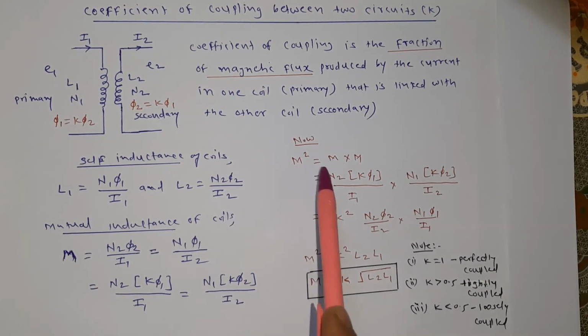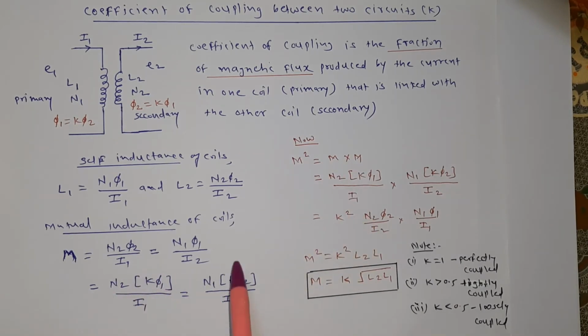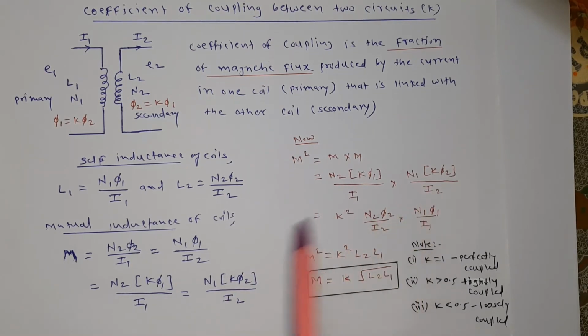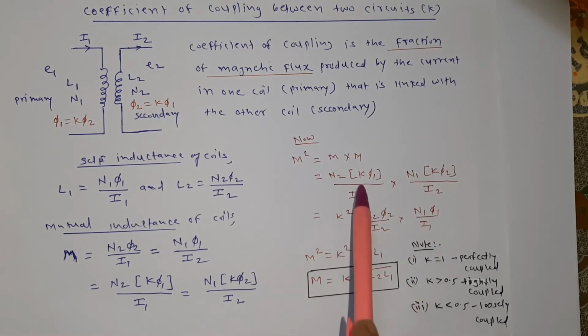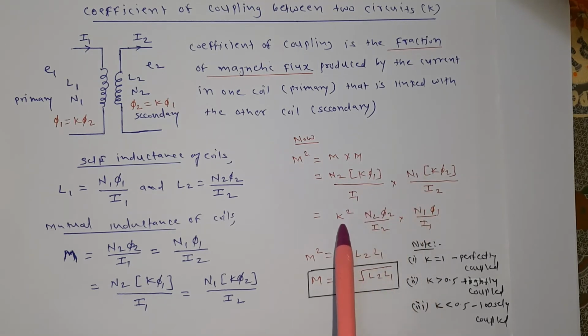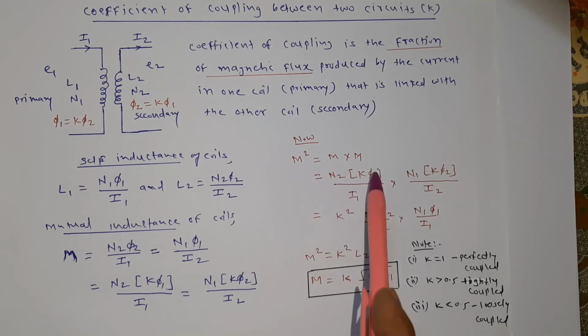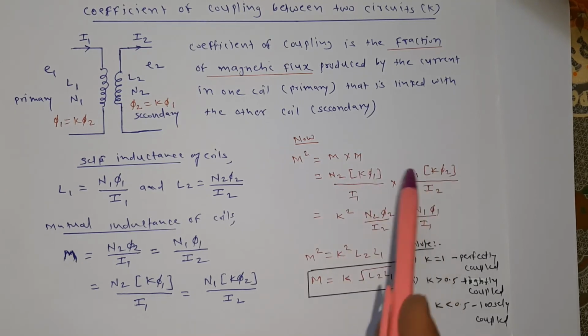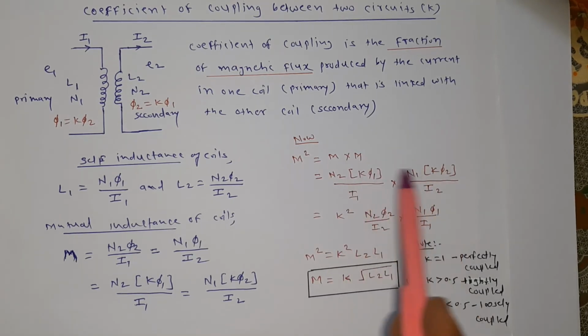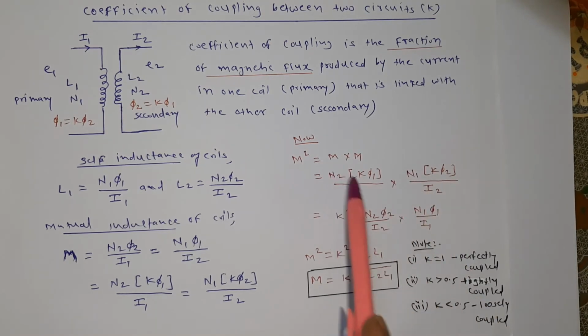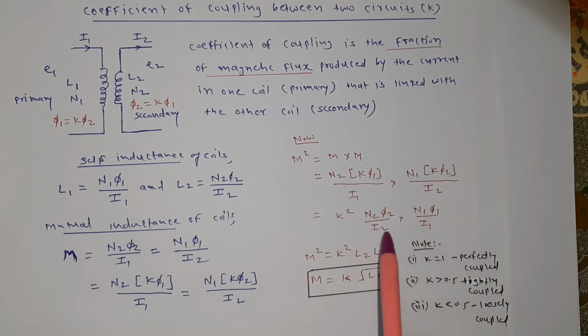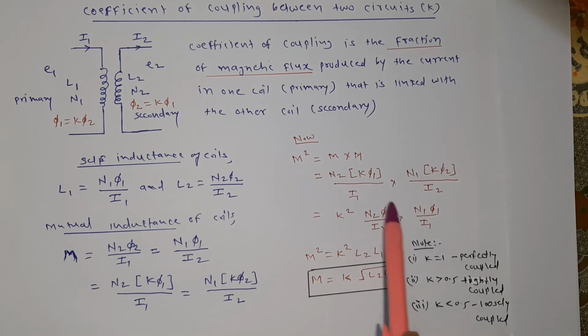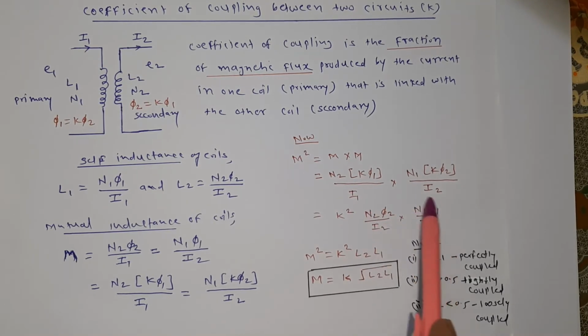Means M square is equal to M into M. What is M? M is equal to this as well as this. तो दोनों का वैल्यू यहाँ पे डाल दिया, this into this. Just rearranging, K into K, K square. N2 यहाँ पे flux 2 लिया मैंने because multiply कर रहा हूँ, so I can change the order. N2 into flux 2 upon I2, means I2 I wrote at one place and I1 at one place.